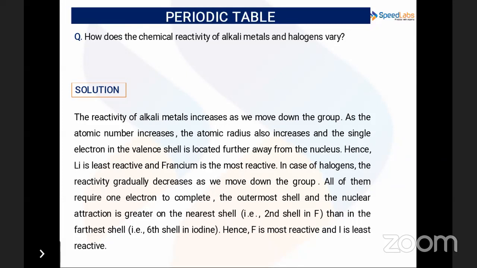So hence fluorine is most reactive and iodine is least reactive. Fluorine can react easily, iodine cannot react easily. Hence we can say the chemical reactivity of halogens decreases down the group.